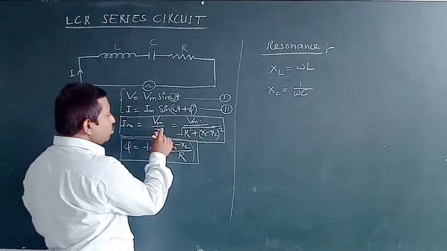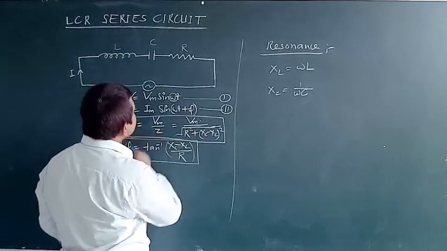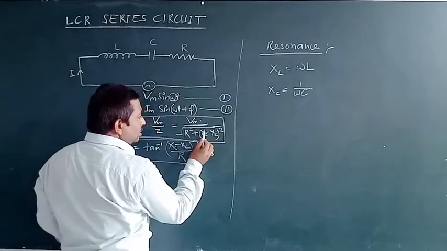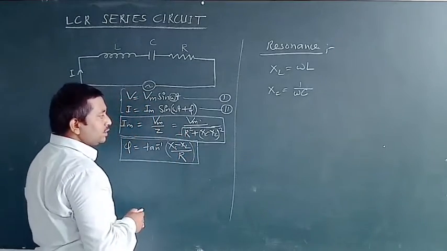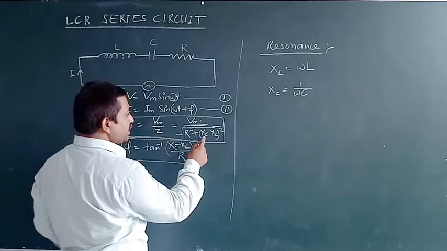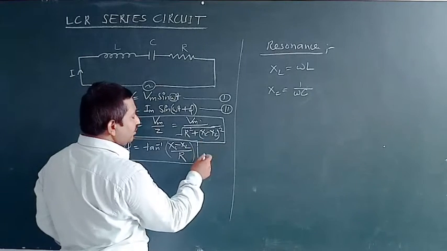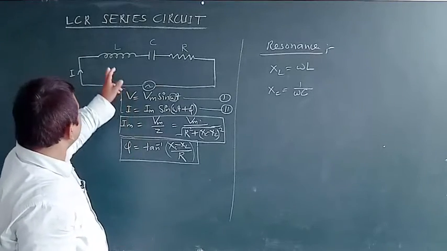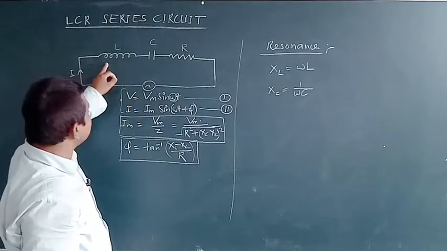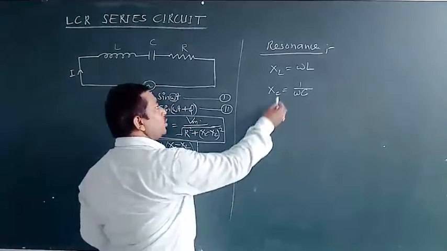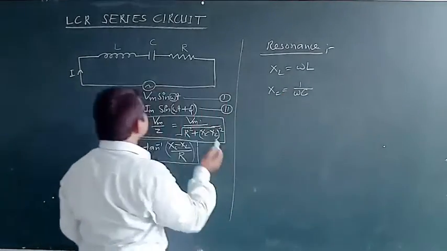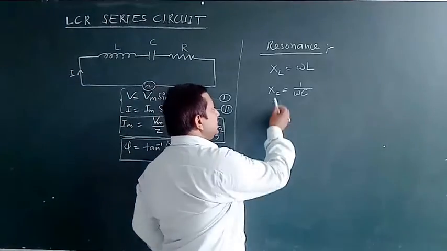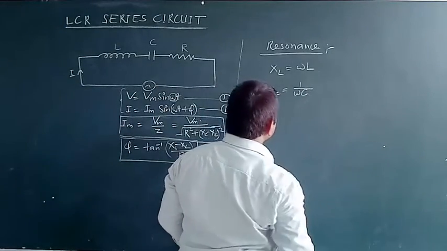For reducing the value of Z, we have to equate both terms, the capacitive reactance and the inductive reactance of the circuit. This inductor has an inductive reactance given by omega L, and this capacitor has a capacitive reactance given by 1 upon omega C.